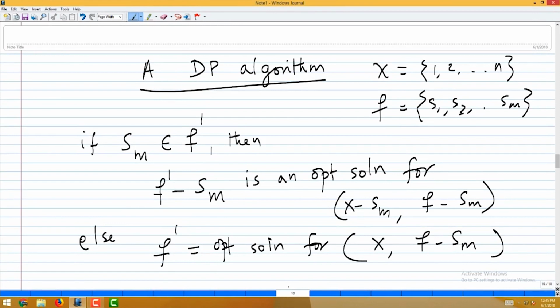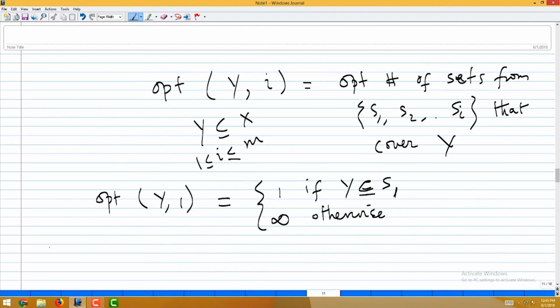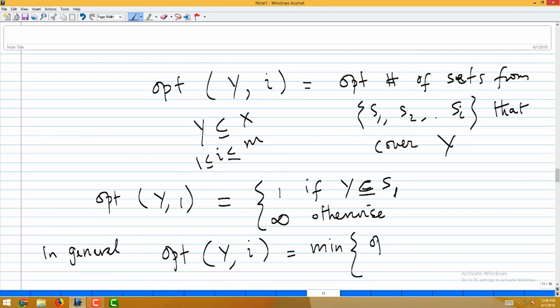Now, when I go to 2, in general, I want to cover my set Y with the first I sets. This is equal to the minimum of: see if you can cover it with the first I minus 1 sets, which you already computed because we have computed the smaller ones, or I need the ith set.